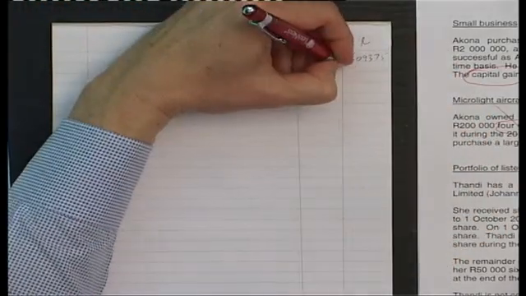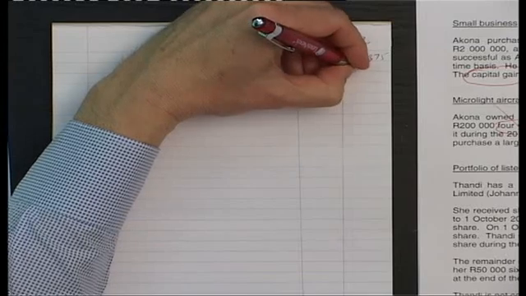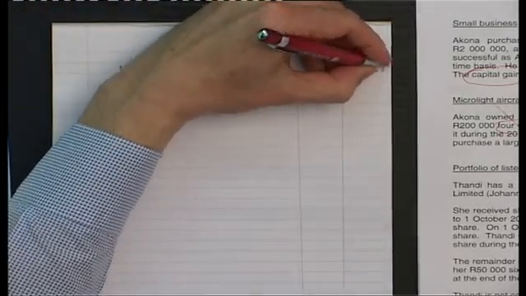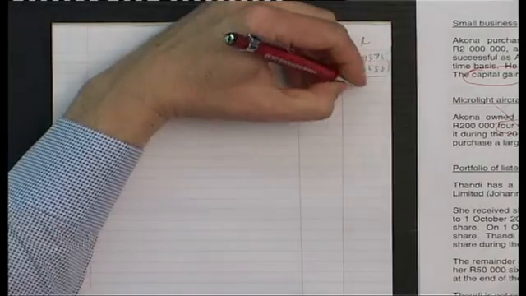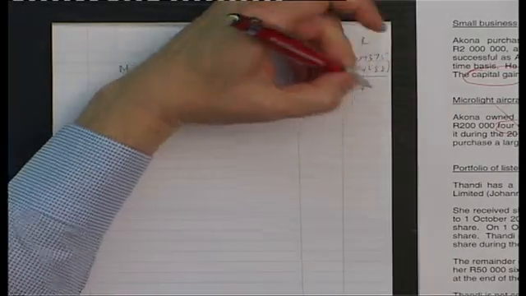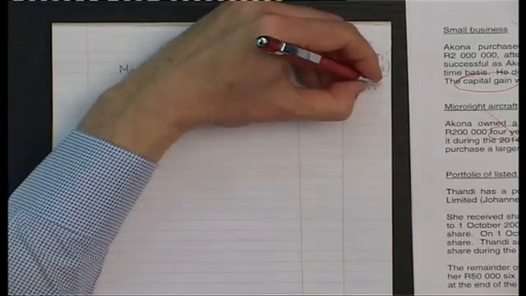So 50%, which is 1,304,688, falls into the wife's taxable income calculation. The remaining 50% obviously falls into the husband's taxable income calculation.